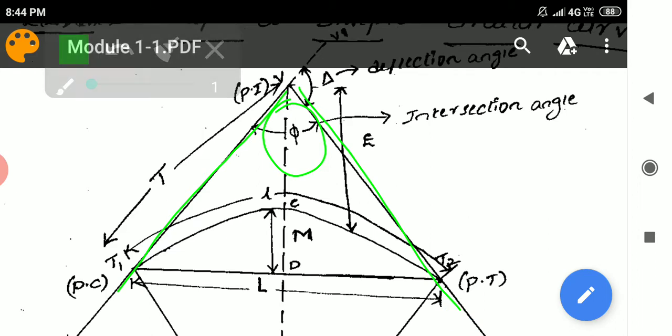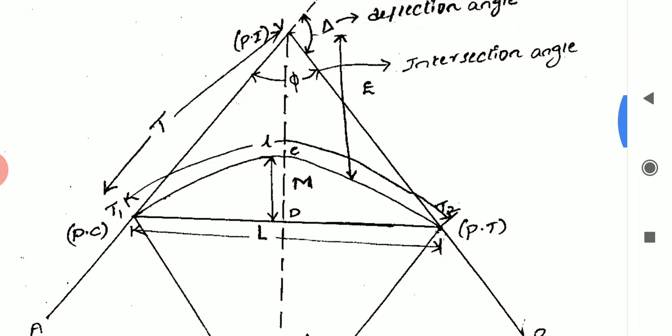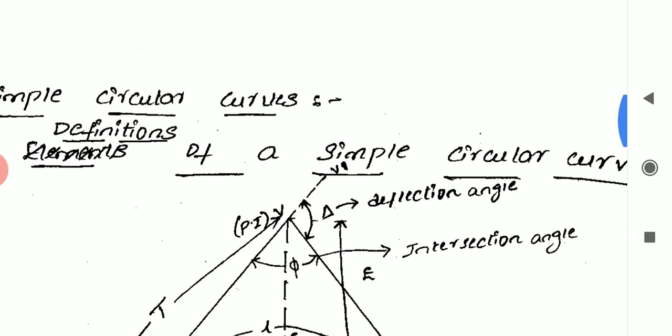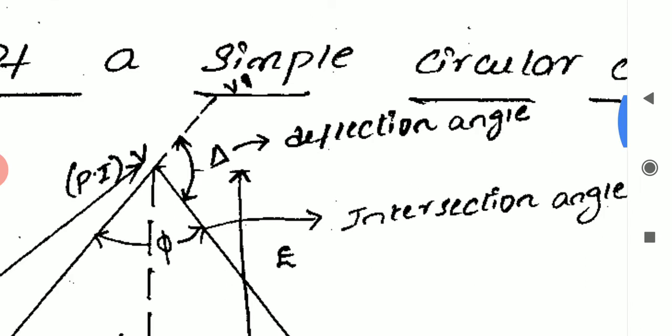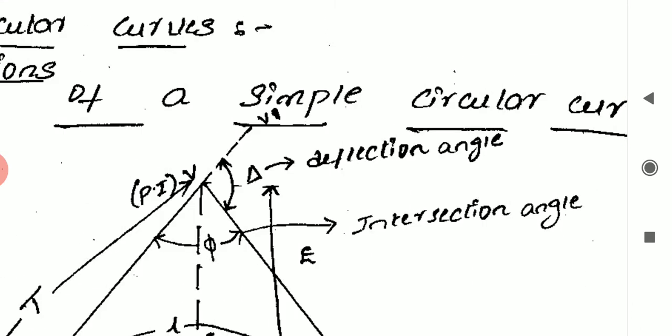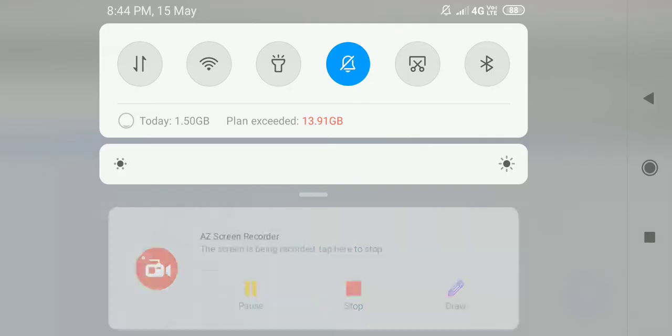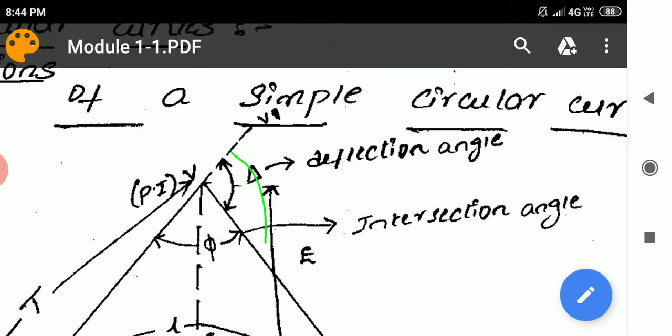Next one is the deflection angle to any point. See here, it is the deflection angle. The deflection angle is the angle at the point of curve between the back tangent and the chord from the point of curve to another point on the curve.